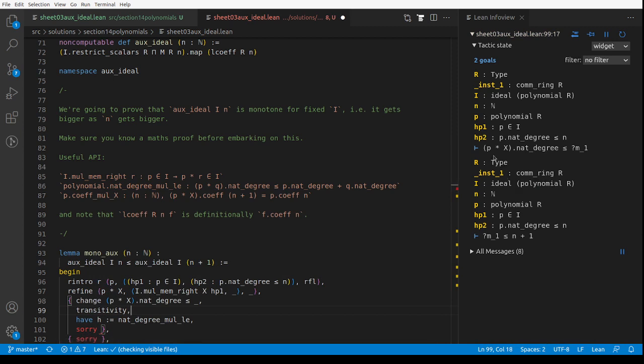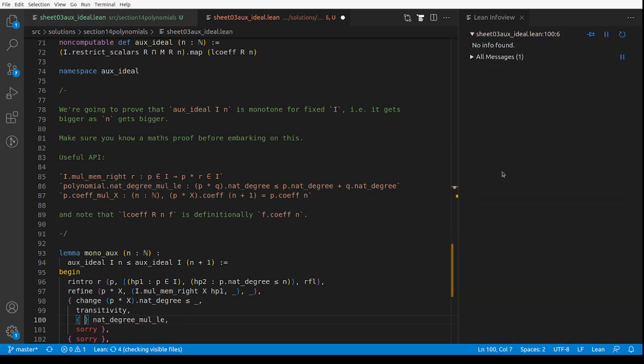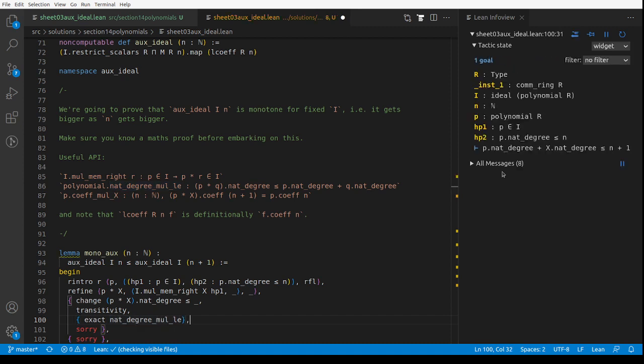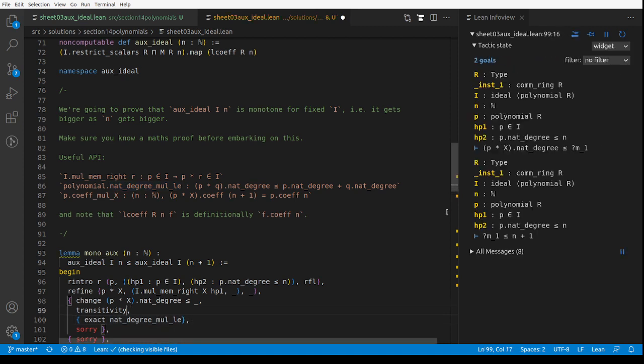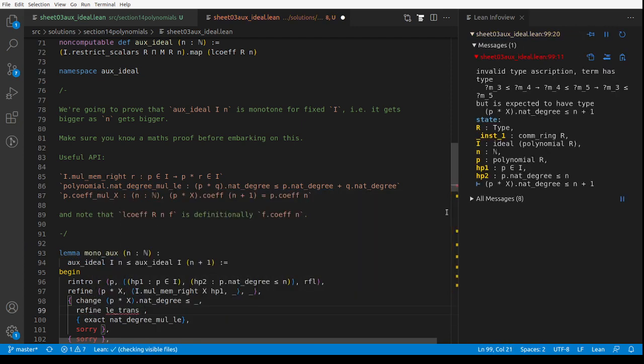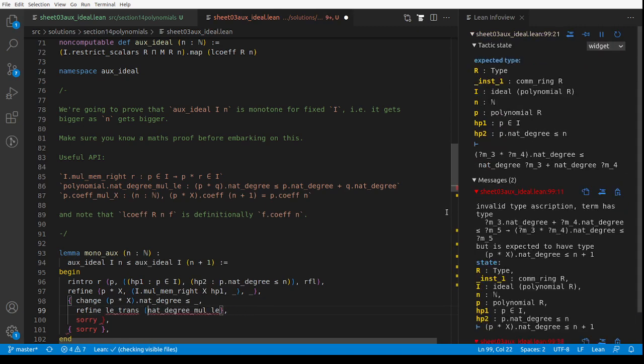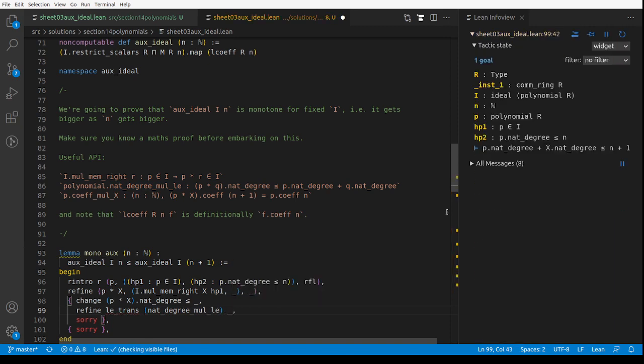And now we've got to prove that the product is at most something, and now we could use exactly this, I would imagine. Yeah, we've pulled off transitivity. So in fact, this is refine LE trans, this thing here, and then an underscore, right?